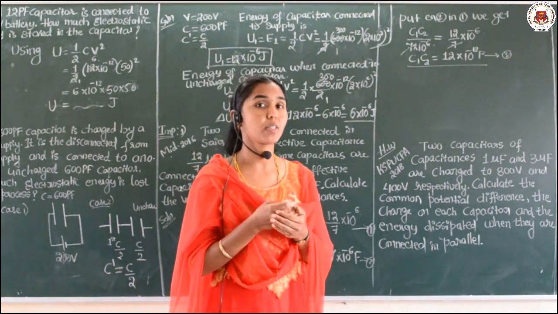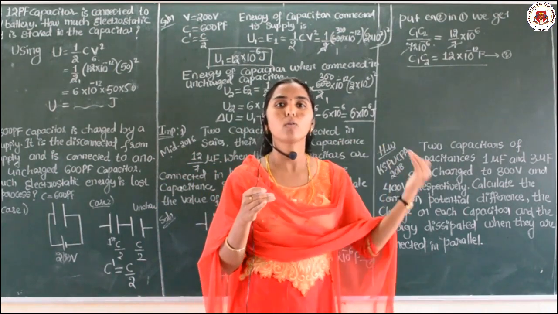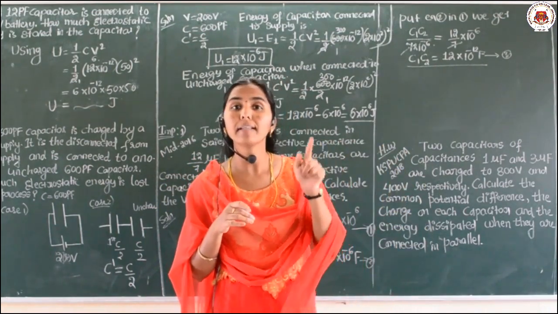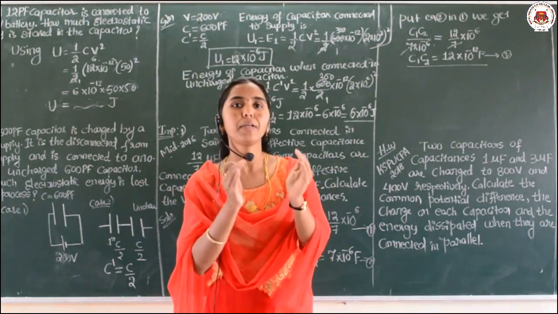In mathematics you studied that relation. What is that relation? A minus B whole square is equal to A plus B whole square minus 4AB. Apply the same, A means C1, B means C2.